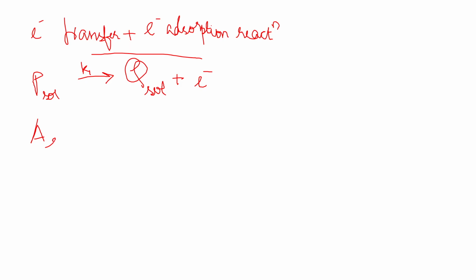there is something going into the solution, and something from the solution is getting adsorbed on the surface and hindering the active sites for the actual reaction. So what does that mean? If you see, both are electrochemical reactions.